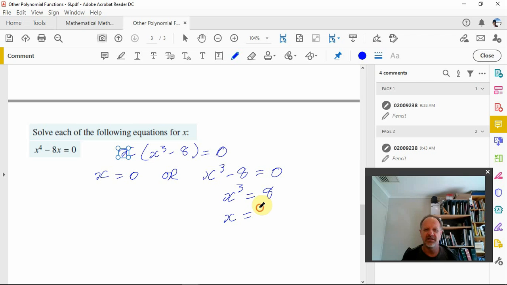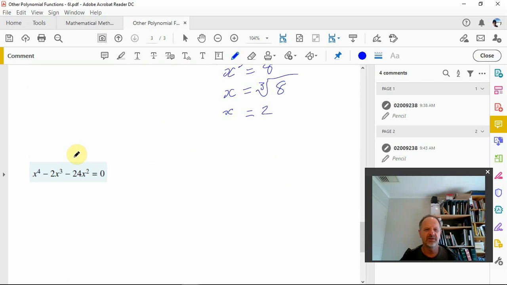We need to take the cube root, power of 3, cube root of 8. What number multiplied by itself 3 times gives us 8? 2. So there are 2 solutions: when x is either 0 or 2, this equation equals 0.